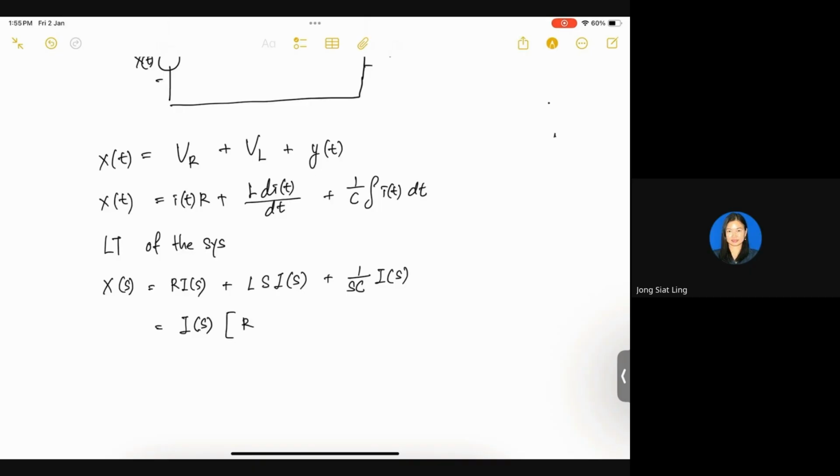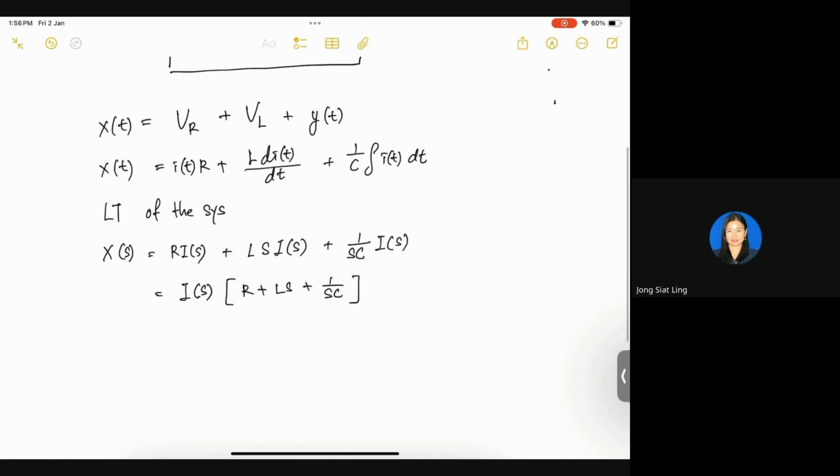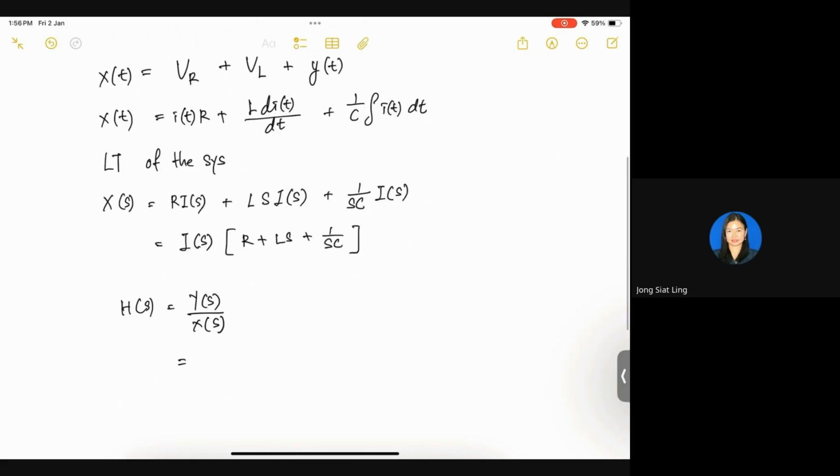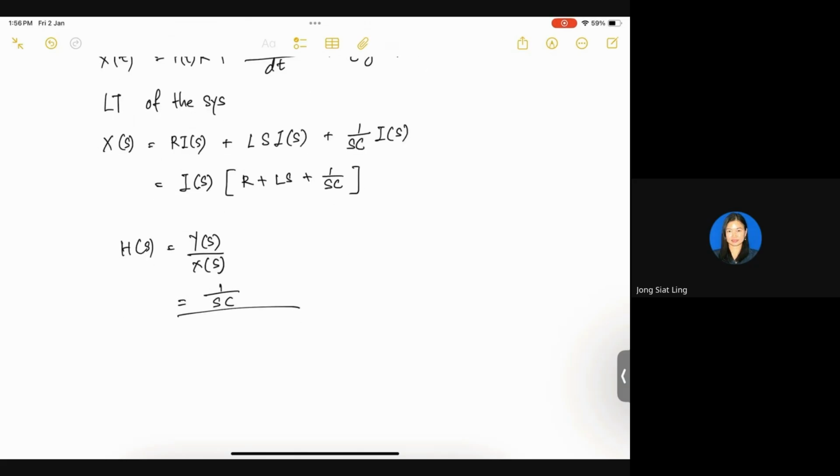So this is R plus Ls plus 1 over sC. So we know that the H(s) equal to output divided by the input. So your output Y(s) is capacitor, right? So it's 1 over sC. And the input X(s) is this one. So it's I(s) times R plus Ls plus 1 over sC.